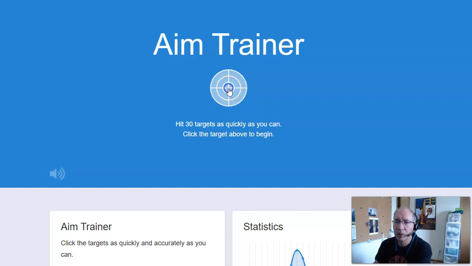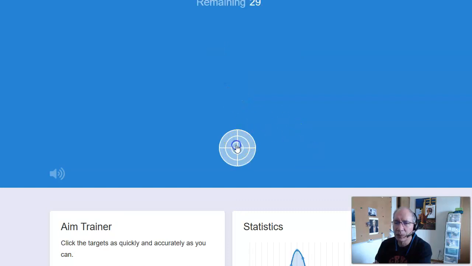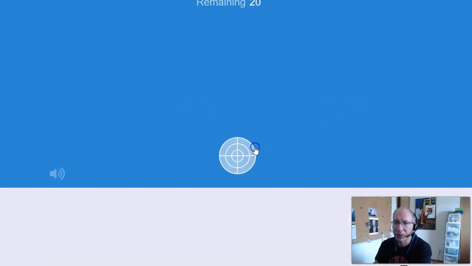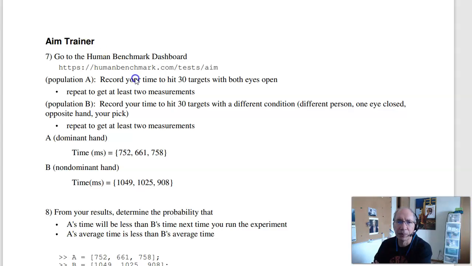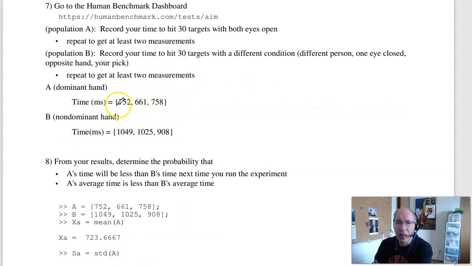What you do is you move the mouse around, point at the target, and you repeat this 30 times, and then it tells you your average reaction time. So I did that 3 times, got average reaction times of 752, 661, 758.